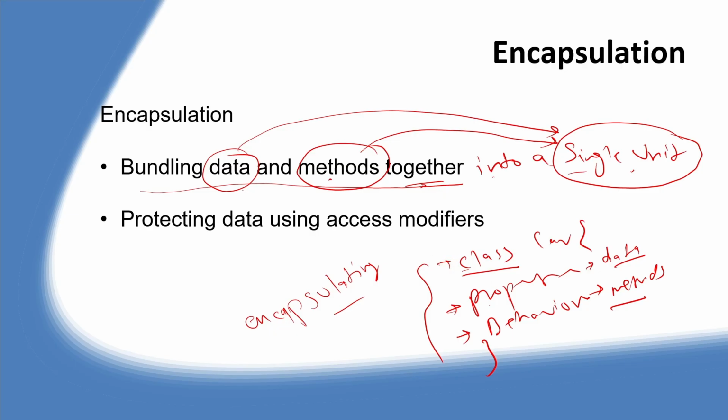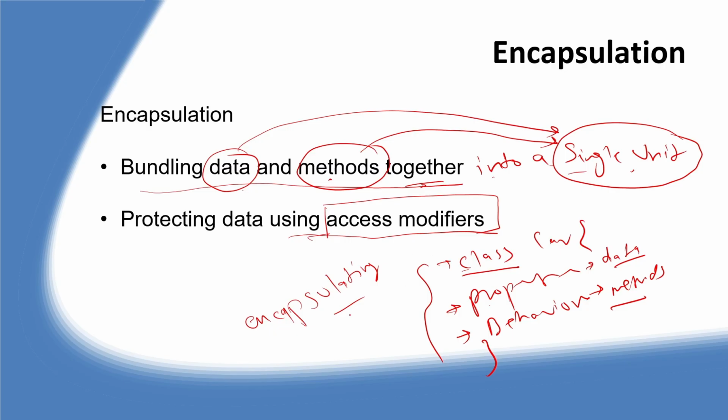It also helps protect data from unauthorized access, or you can say protecting data using access modifiers. I will tell you in later videos what access modifiers are: public, private, protected. These things are access modifiers. How we use them, we'll discuss in detail. But for now, understand that it protects data.